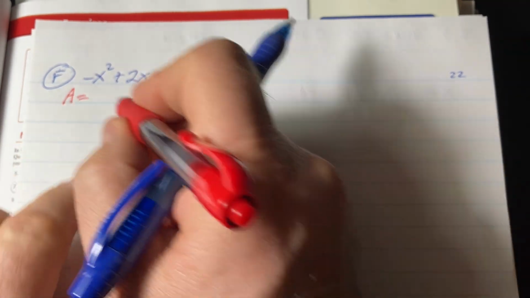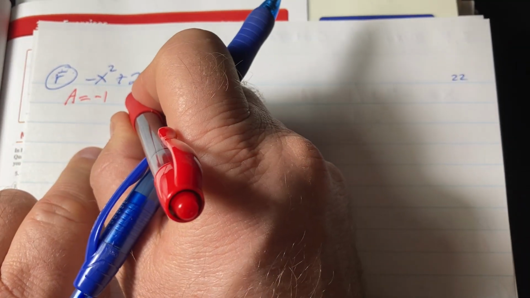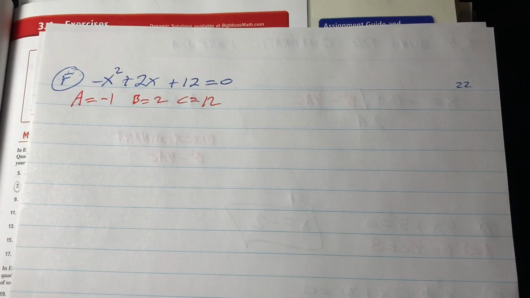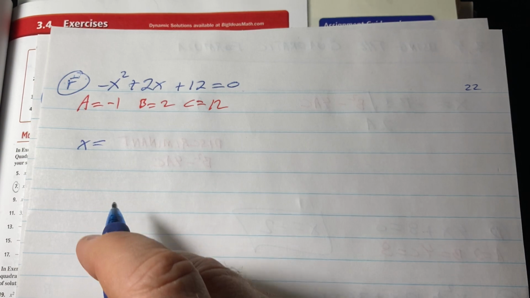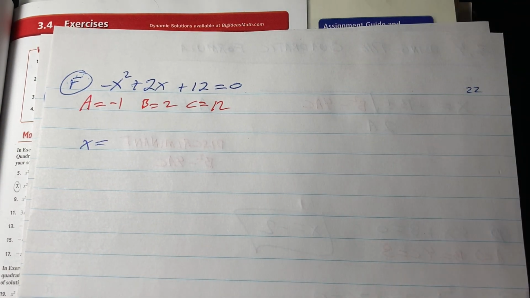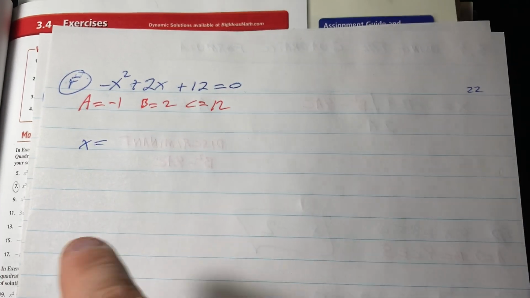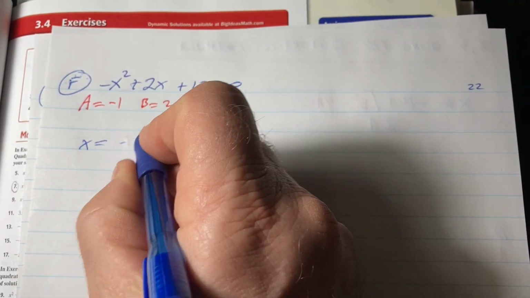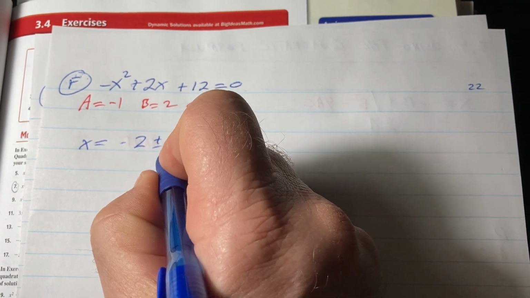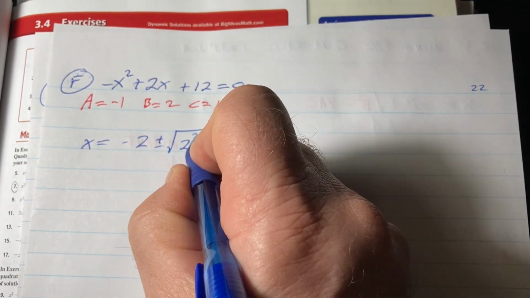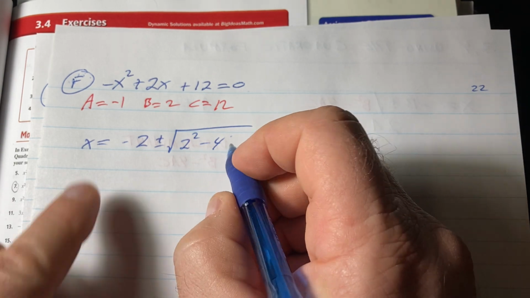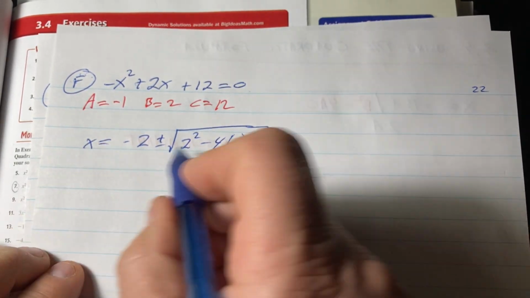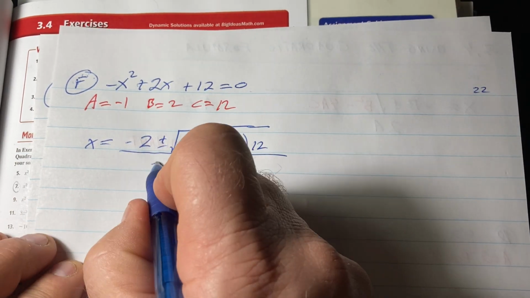A equals negative 1, b equals 2, c equals 12. x equals negative b plus or minus the square root of b squared minus 4ac all over 2a. Negative b is negative 2 plus or minus b squared minus 4 times a times c, all over 2 times a.